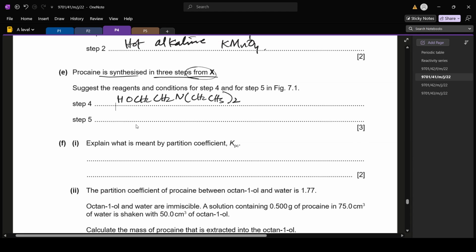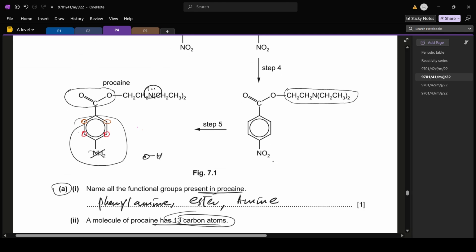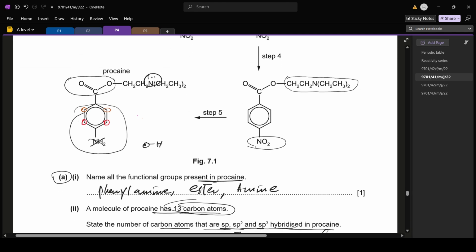And then in step 5, this nitro group is changed into an amine group, phenylamine. So this is basically a reduction.